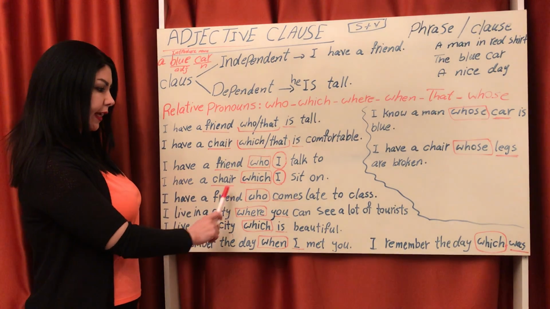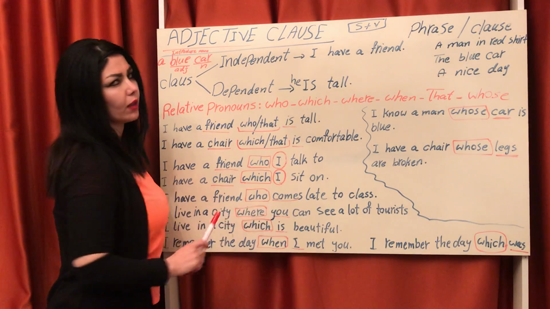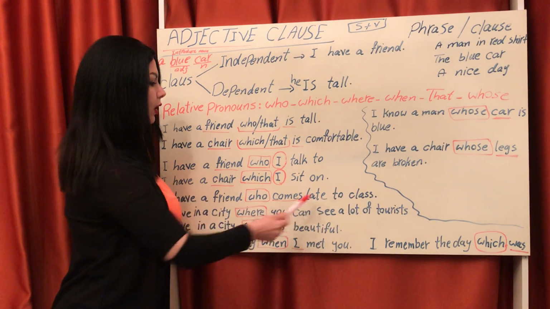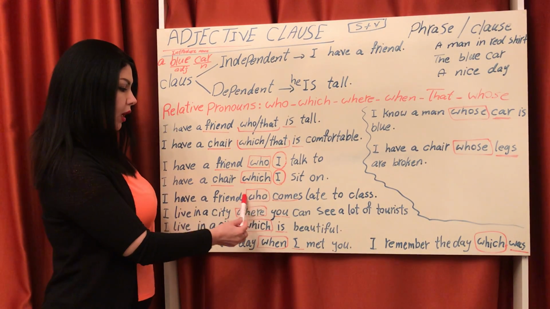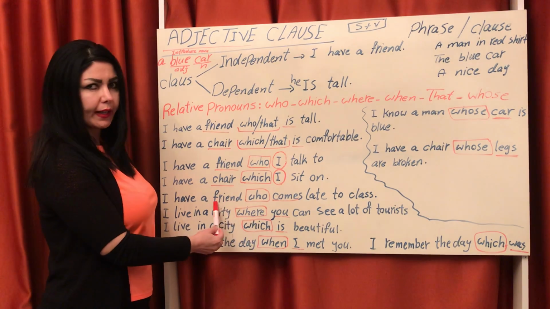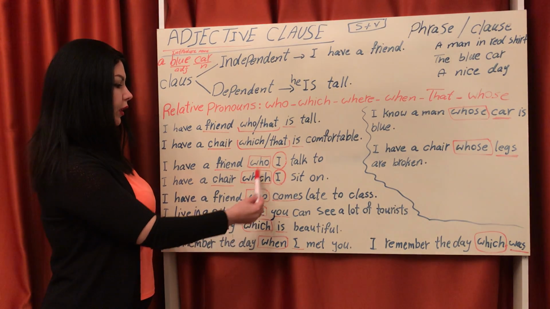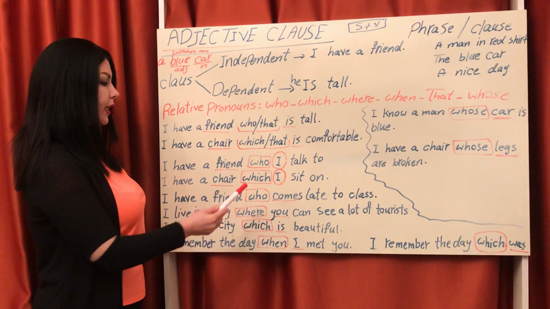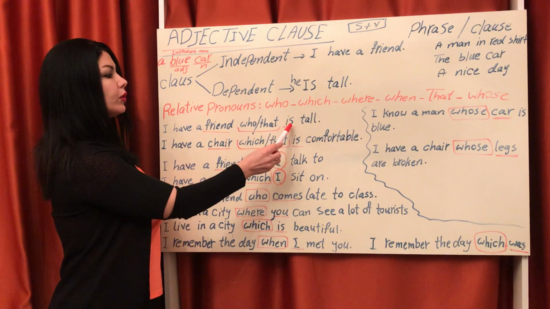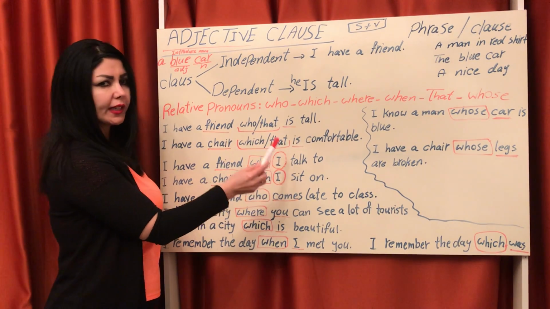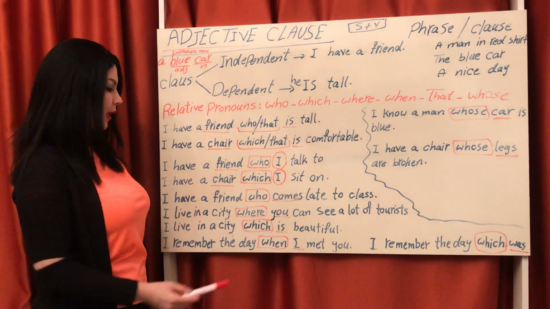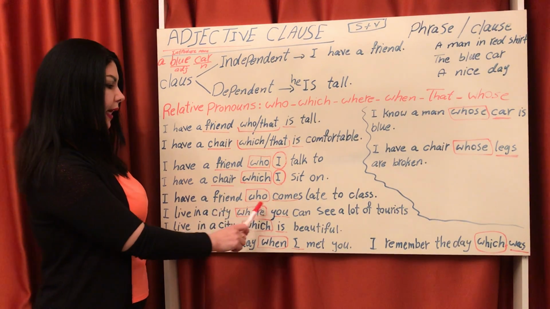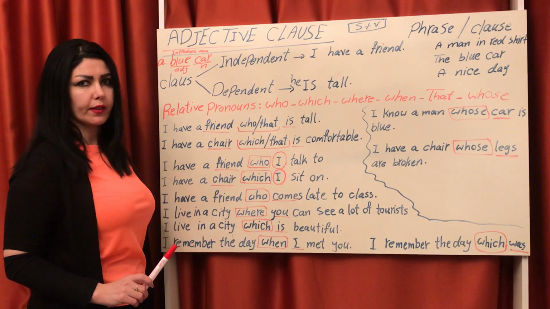I have a friend who comes late to class. Why do we use who? Because we have friend. And after who, we can also use a main verb. So, after who, we can use a to be verb, a subject, and a main verb. Now, about place. I live in a city where you can see a lot of tourists.